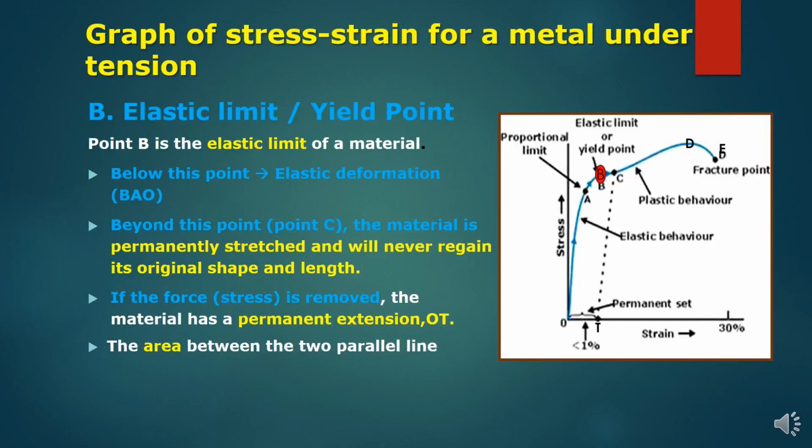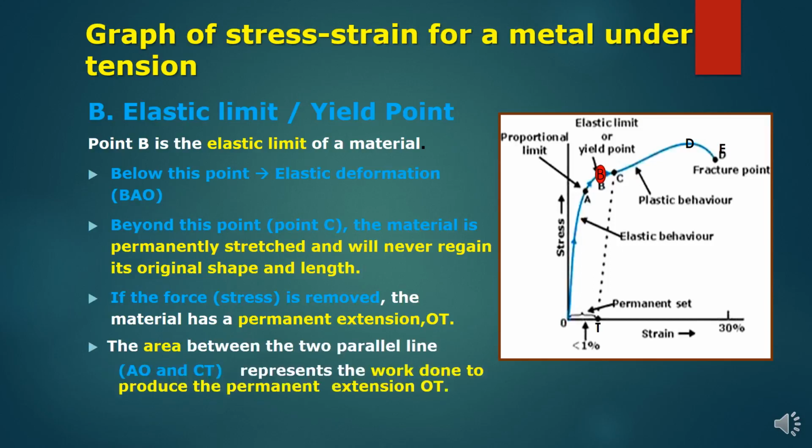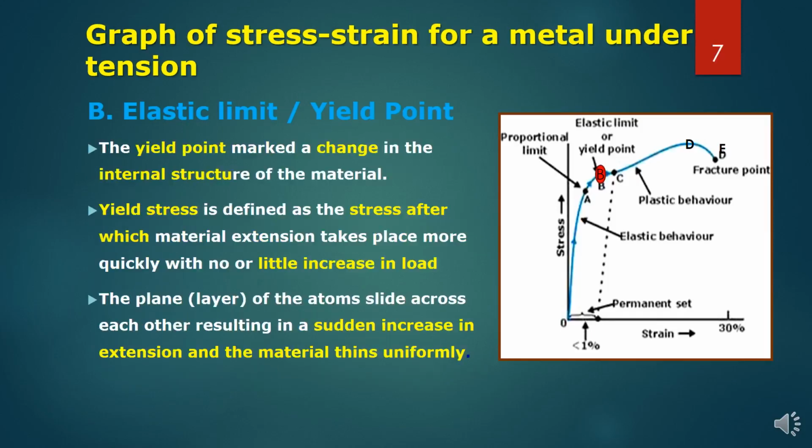The area between the two parallel lines AO and CT represents the work done to produce the permanent extension OT. The work done in stretching the wire is completely recoverable. The yield point marks a change in the internal structure of the material.